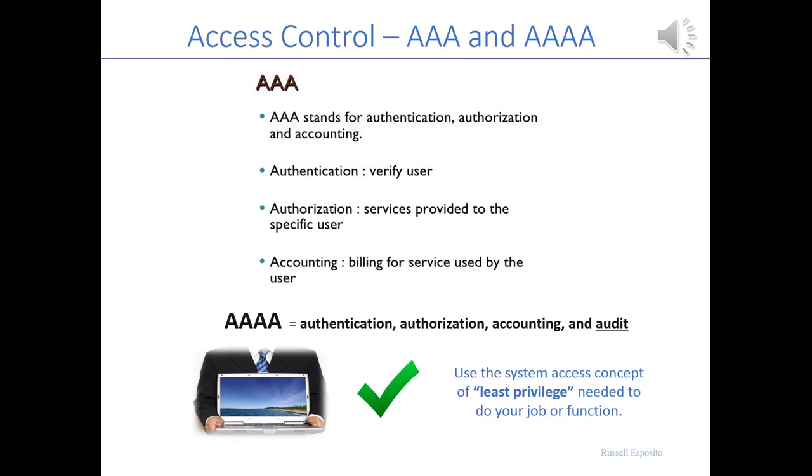So auditing, we'll talk about that later on in much more detail, but it's a key concept. This authentication, authorization, accounting, and auditing are key concepts in AAA in security, the AAA concept and the Quad A concept as well. And now what we'll do is let's go back to when you log on.